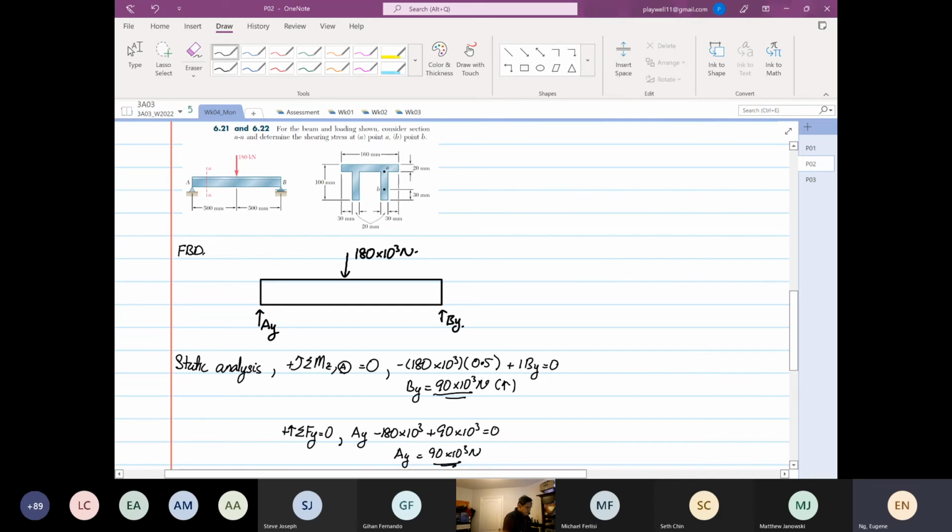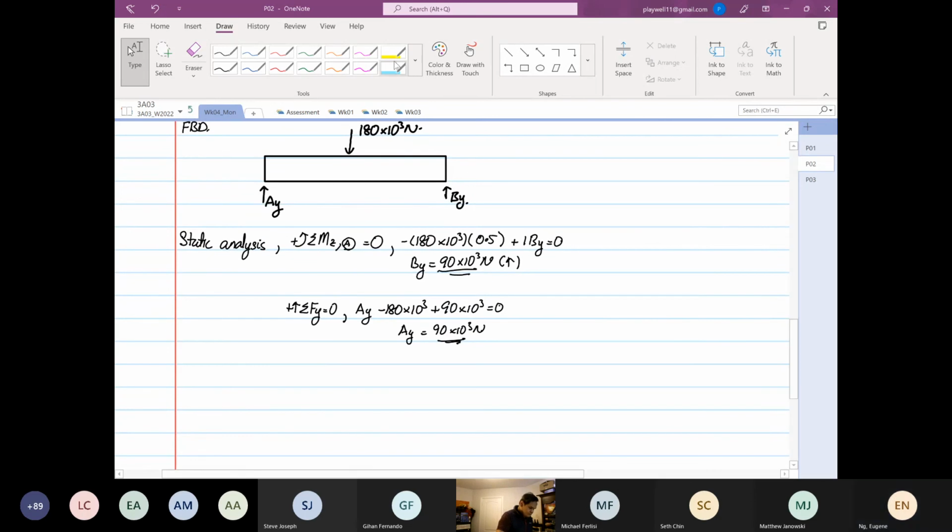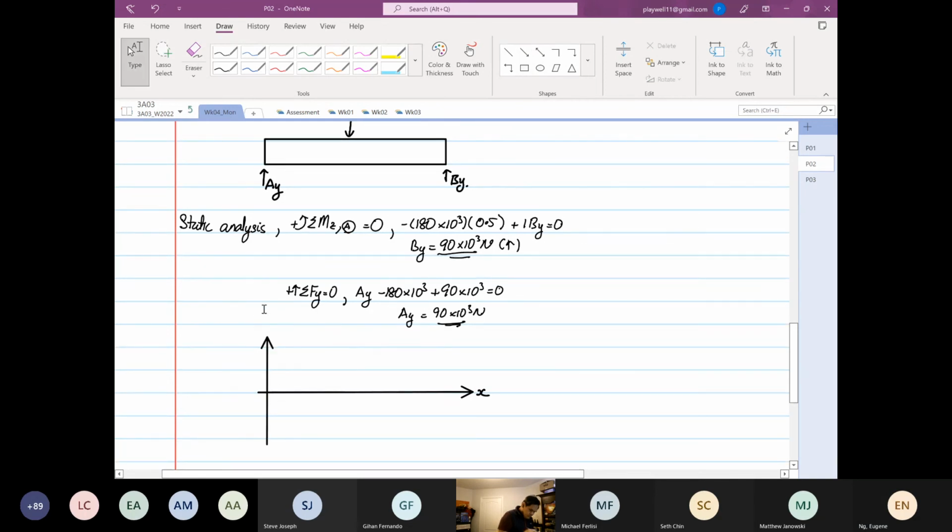So from here you can immediately construct your shear force diagram. On our shear force diagram, we can call this x, and your vertical axis is V, in times 10 to the power 3 Newton. We are at 90, and then I'm going to go to minus 90.